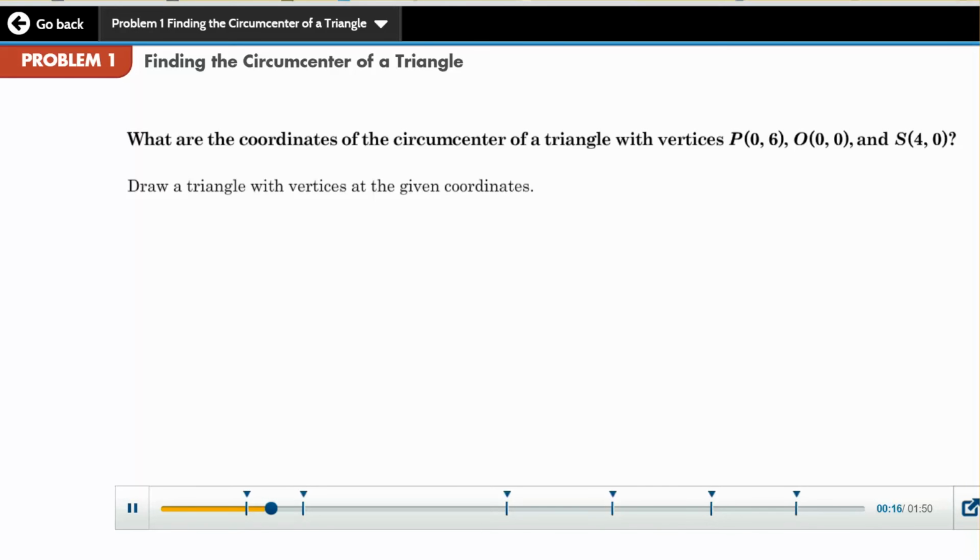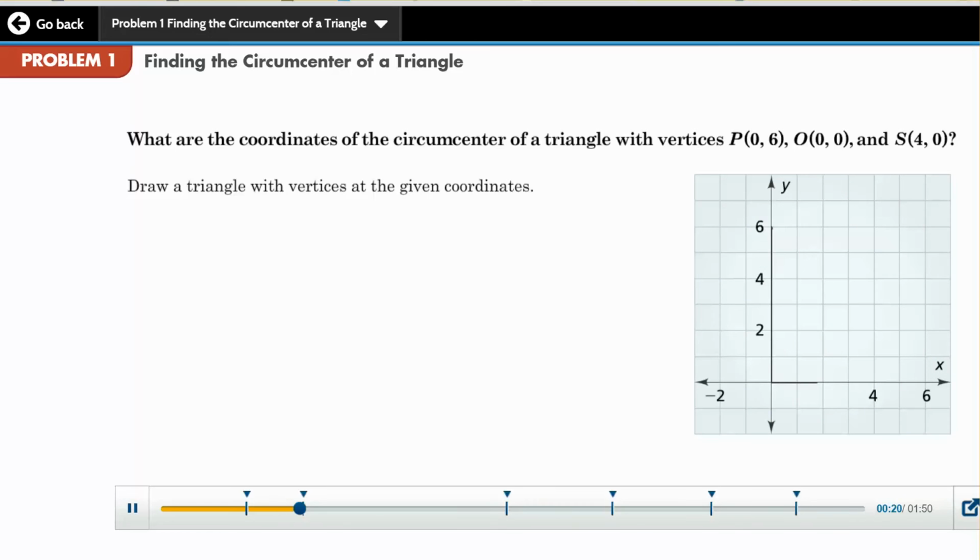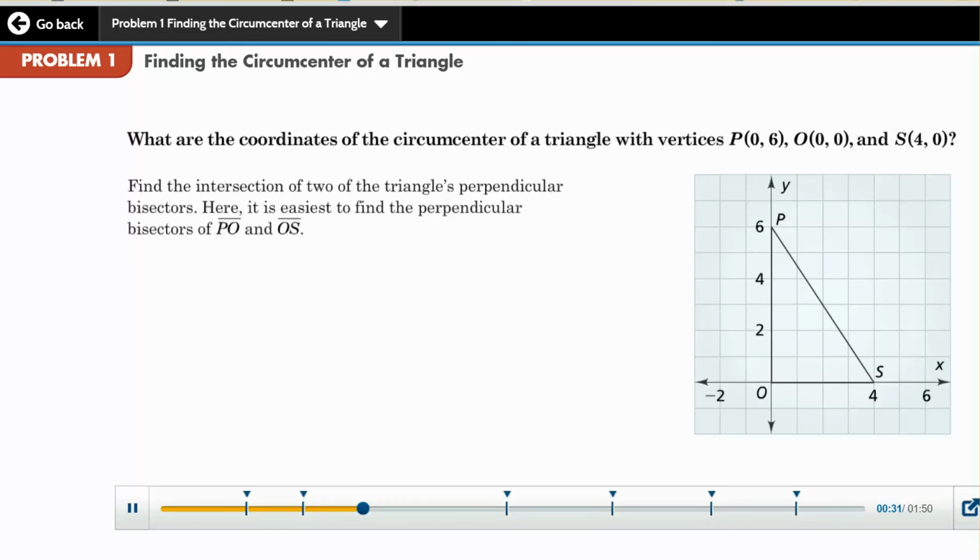Draw a triangle with vertices at the given coordinates. Find the intersection of 2 of the triangle's perpendicular bisectors. Here it is easiest to find the perpendicular bisectors of segment PO and segment OS. Step 1.